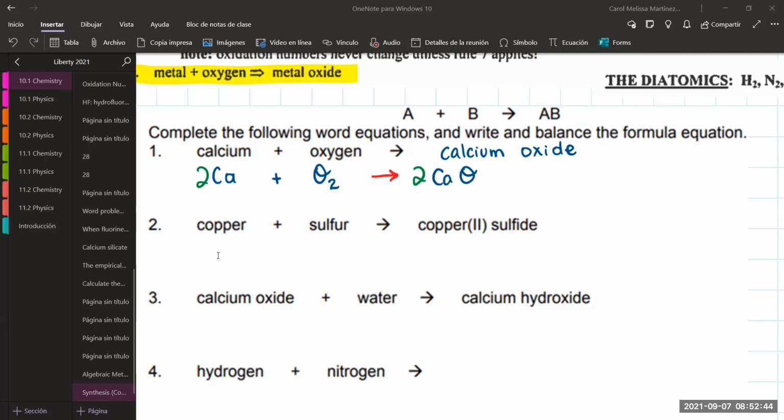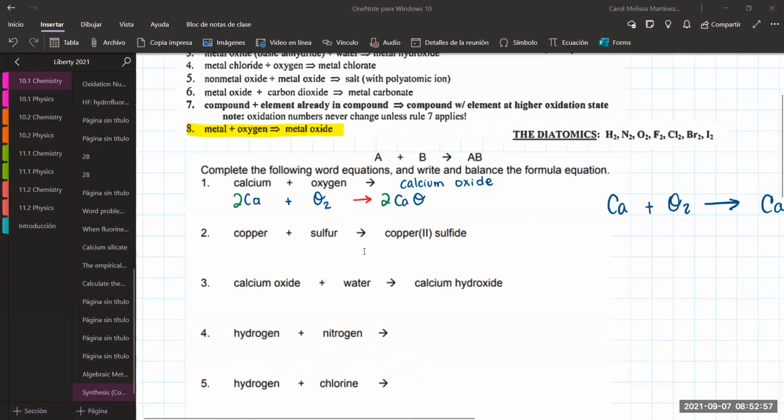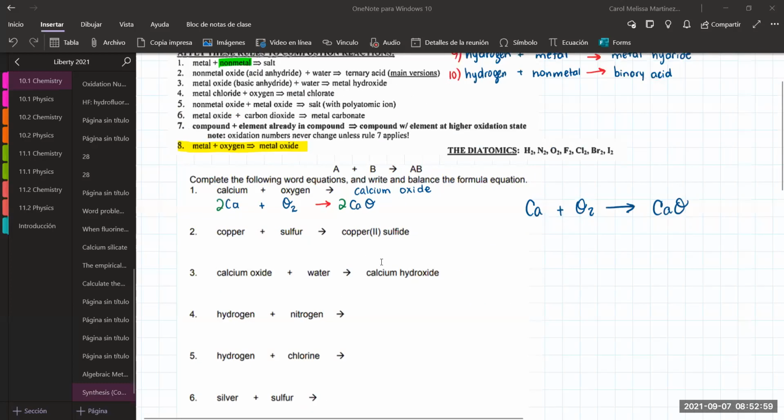You need to show a procedure. So in your notebook, you have to show all that procedure. That means calcium plus oxygen producing calcium oxide, like that. And you have to show all the balancing process. That means calcium, the metal first, then the oxygen.